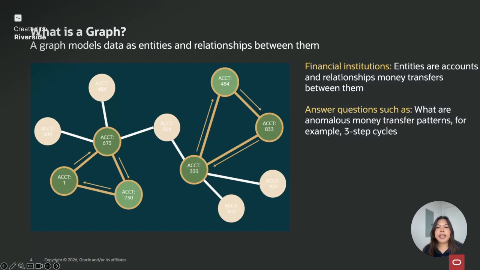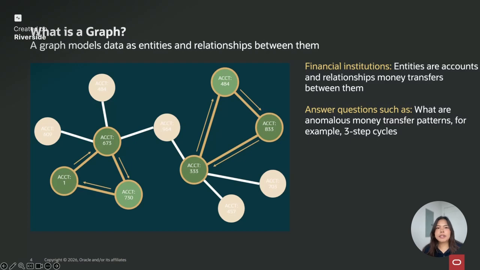In this case, we might have entities as accounts, and relationships as transfers or transactions, right? And one of the biggest focuses on how graphs are being used in the financial industry is understanding anomalous patterns, right?